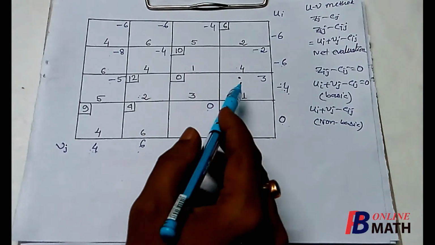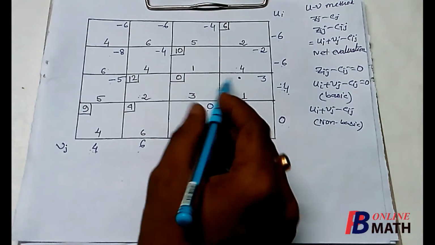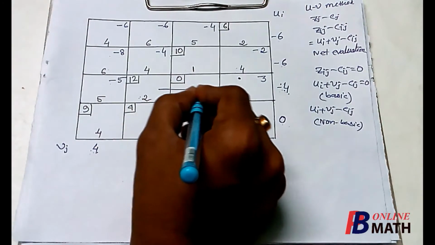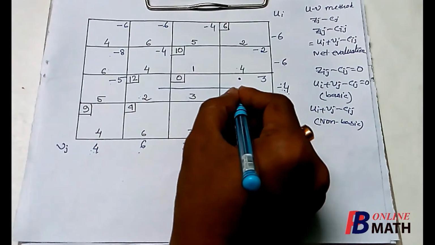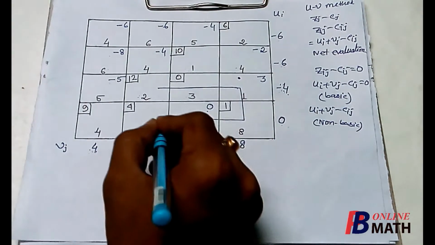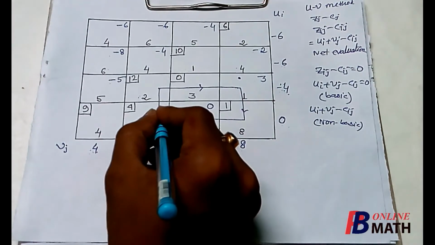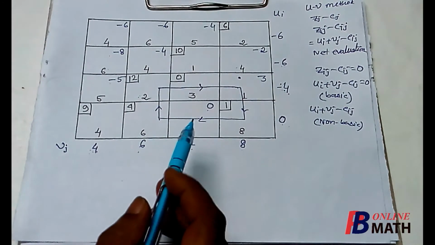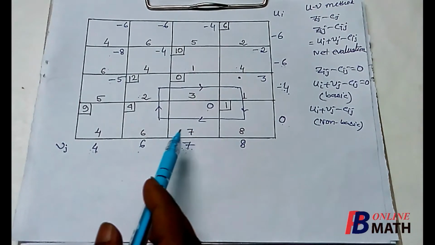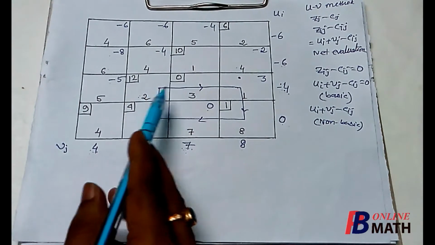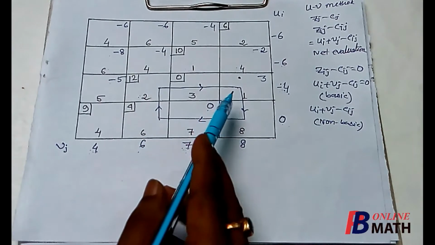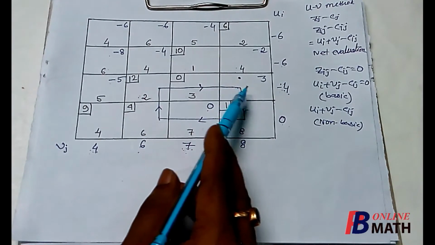You can easily find that only one loop is possible, that is this loop. We shall consider the loop clockwise. We have constructed the loop in such a manner that the corners are on the basic cells, except for this cell, because this will be our new basic cell.